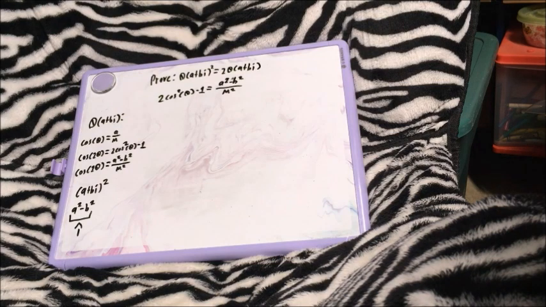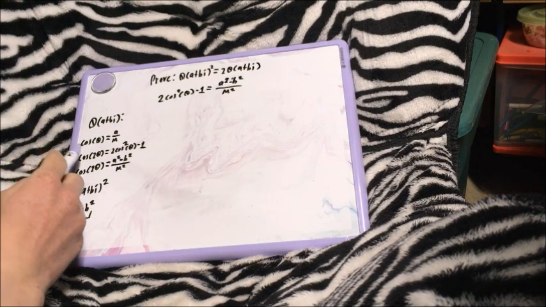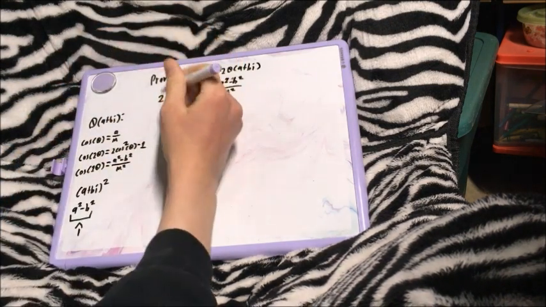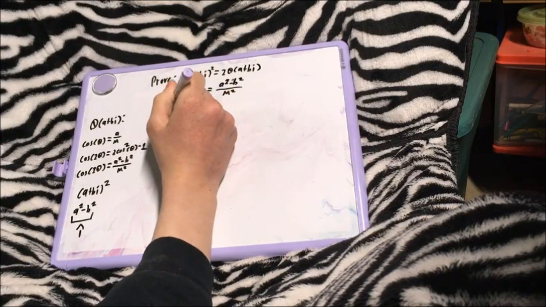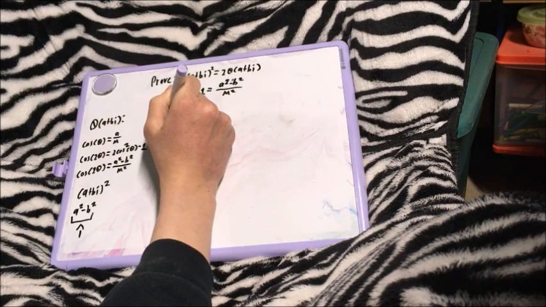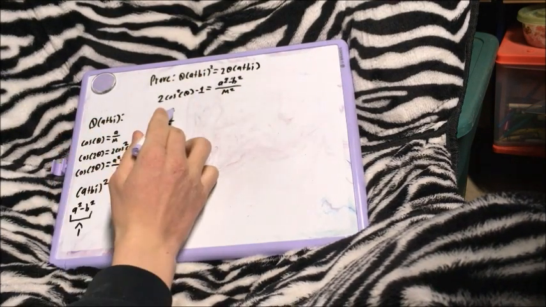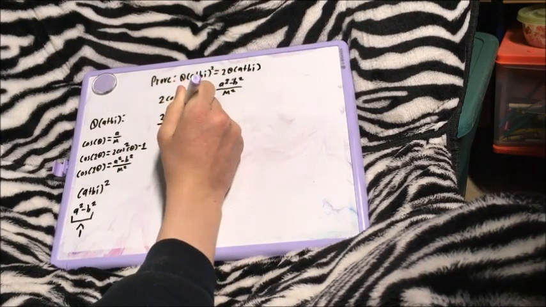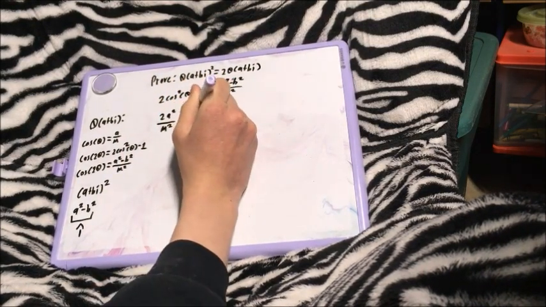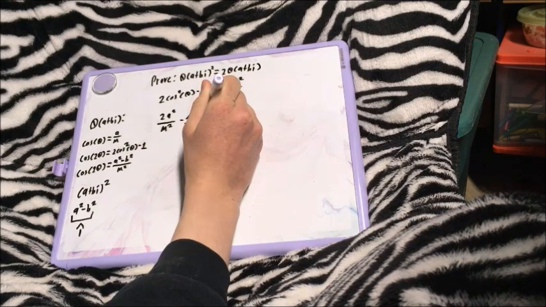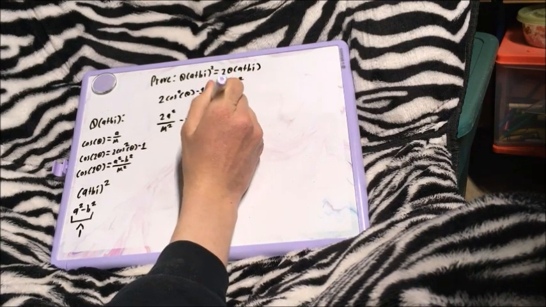Now, we can say, because we've already defined cosine here, that 2a squared over m squared, because a over m times a over m equals a squared over m squared, minus 1 equals a squared minus b squared over m squared.